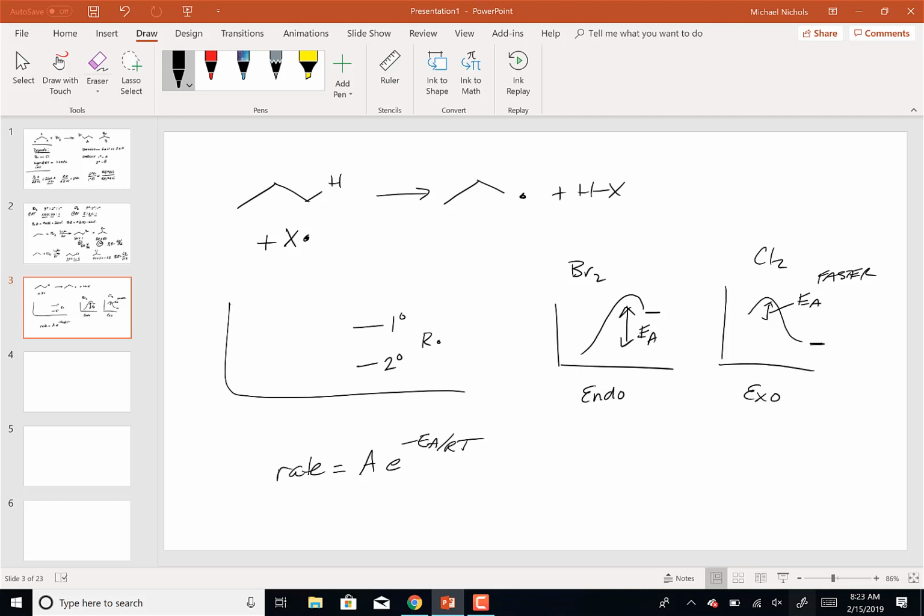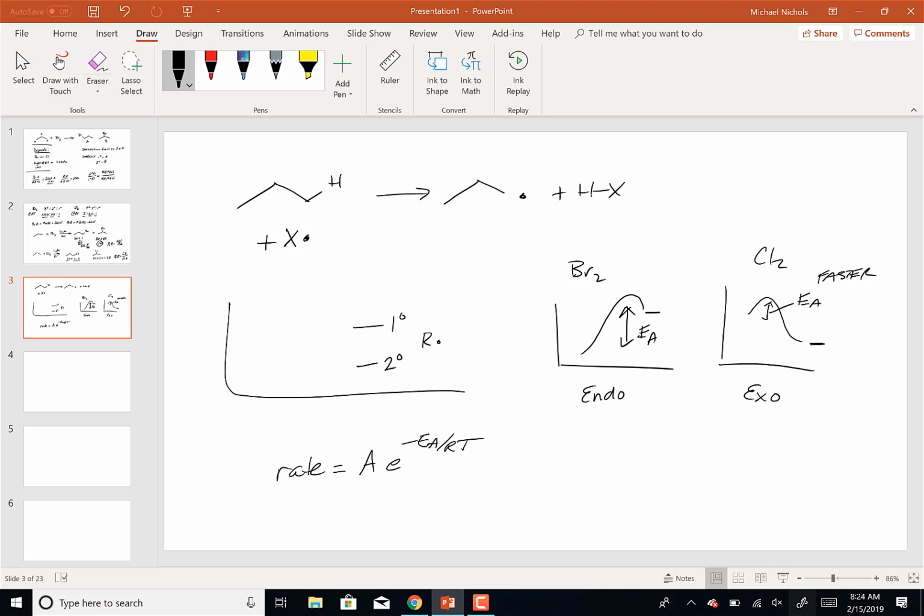Okay. So this is why bromination is more selective than chlorination, because one is exothermic and one is endothermic. Let's just take room temperature. Molecules have a certain amount of kinetic energy. That kinetic energy is proportional to temperature, right? That's from general chemistry.